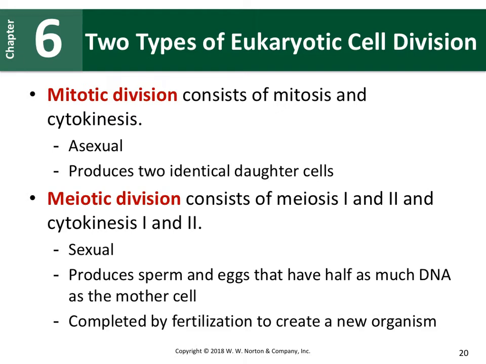Then one fertilizes the other, and you come back to a diploid organism. During meiosis, you go from diploid at the beginning to haploid, and then fertilization takes haploid to diploid.